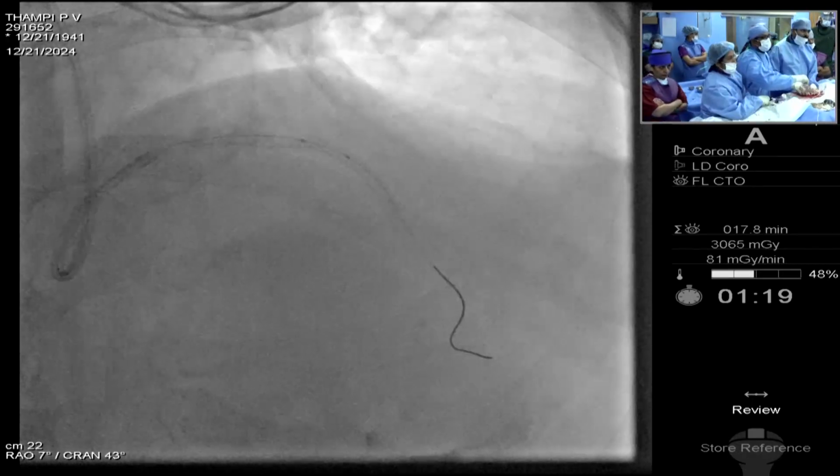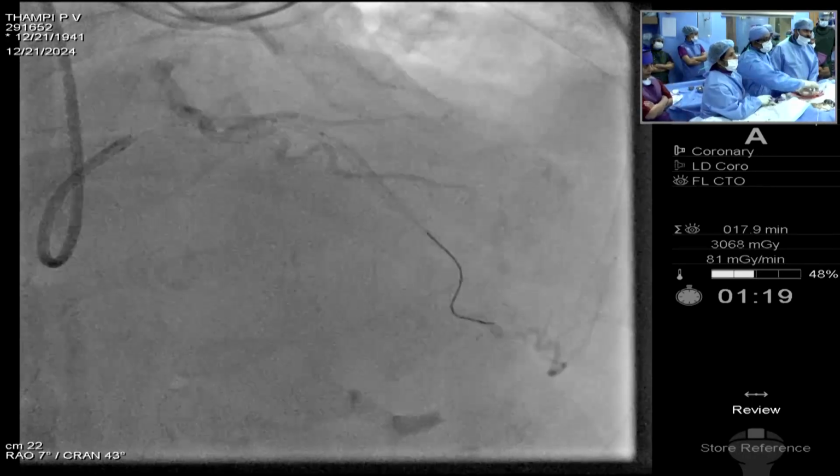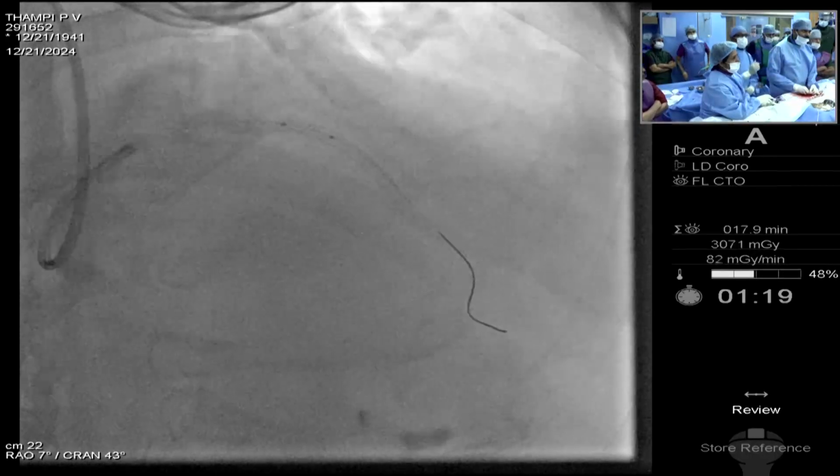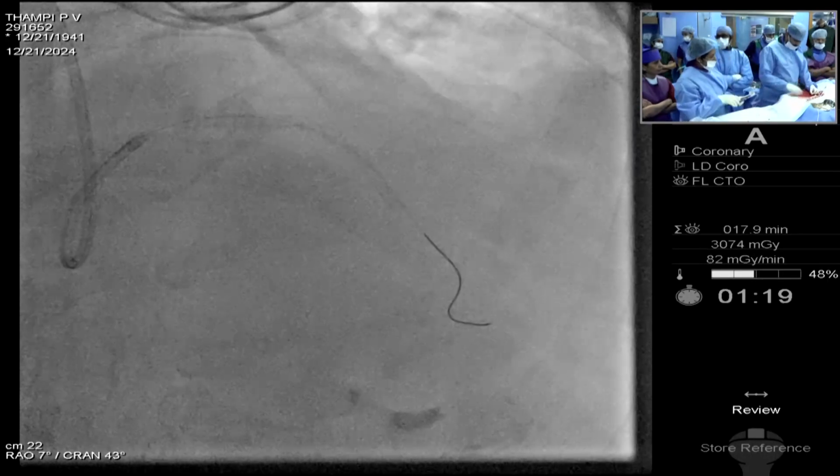Okay, looks okay. We'll take this out. 3 balloon and 3.5 balloon.